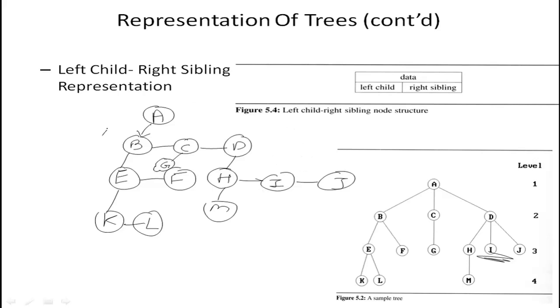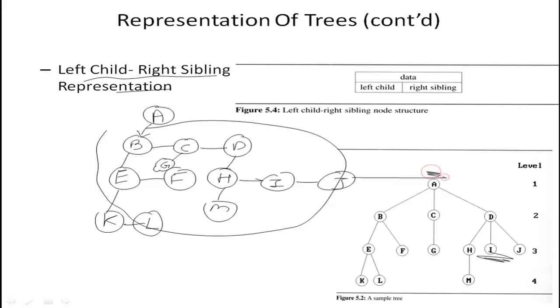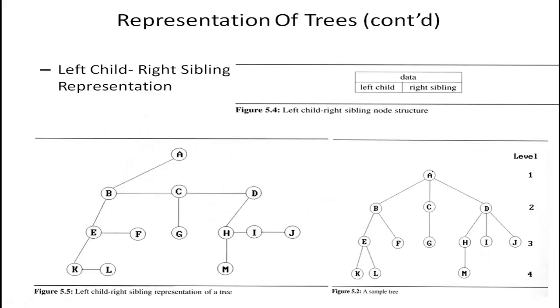This particular thing, whatever I have drawn over here, is the left child right sibling representation of a tree. This is the base tree which we have considered. So this was the second representation, and this is redrawn for you. You can have a look at this.